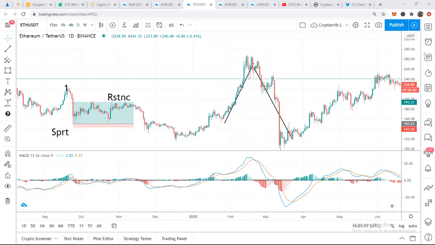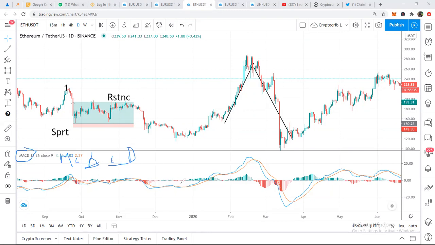The blue line we can call convergence and the orange line divergence. You can change the color, it's here. So we have divergence and convergence, and that's MACD. MACD means moving average convergence divergence.